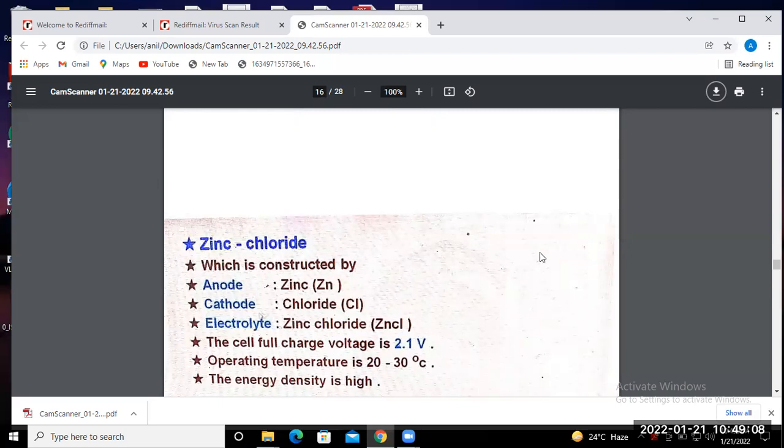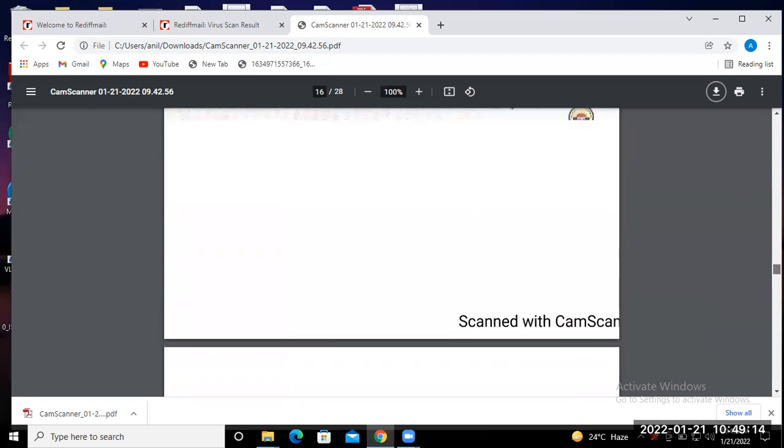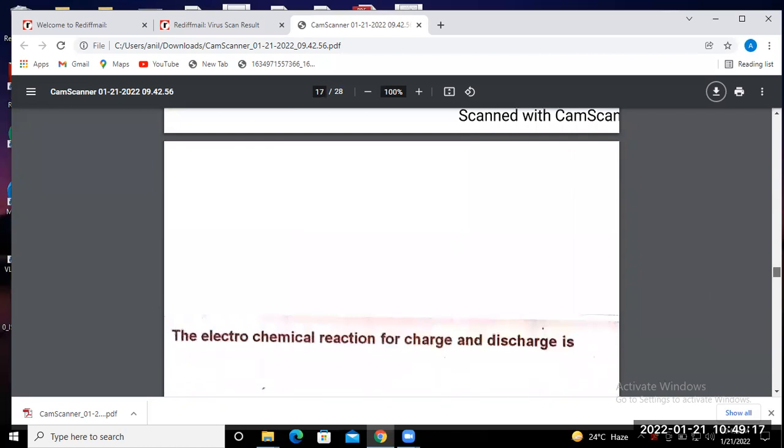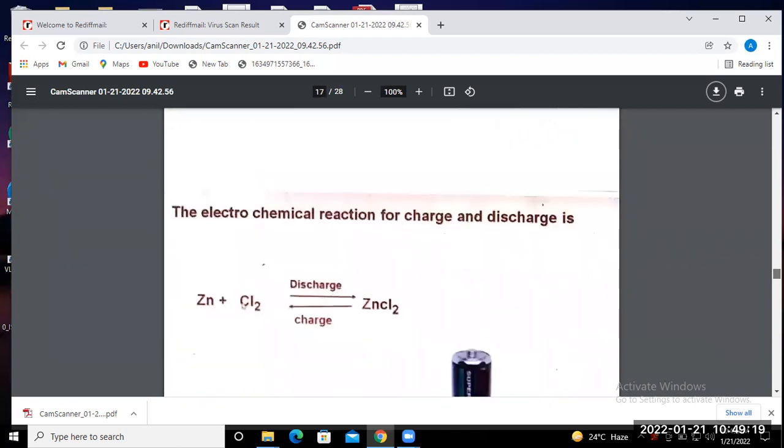Next is the electrochemical reaction for charge and discharge.